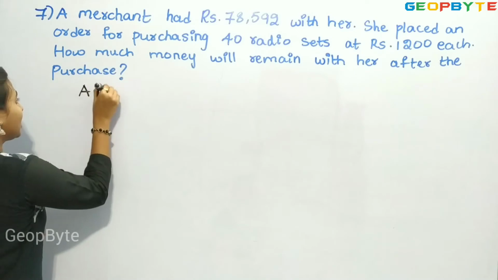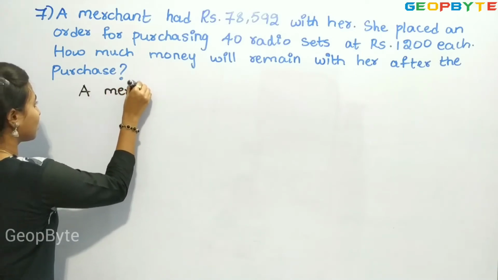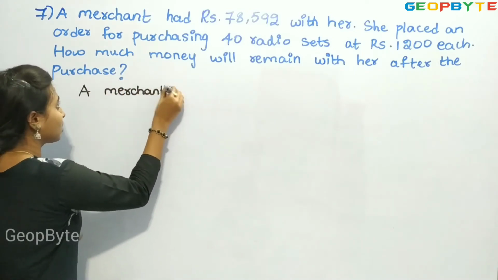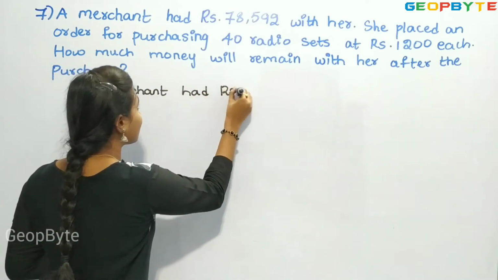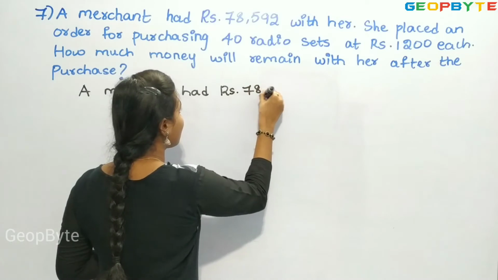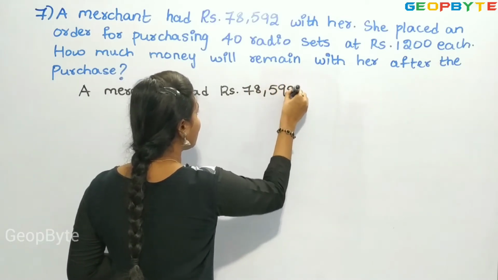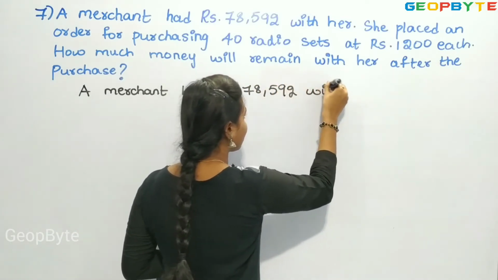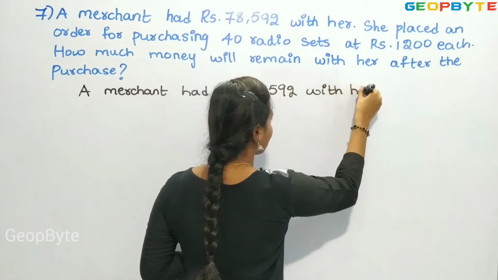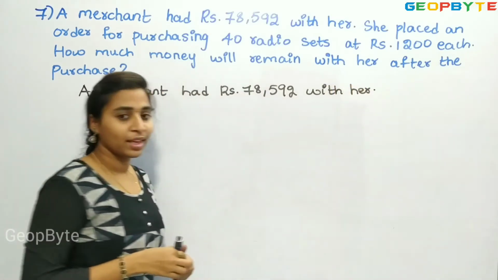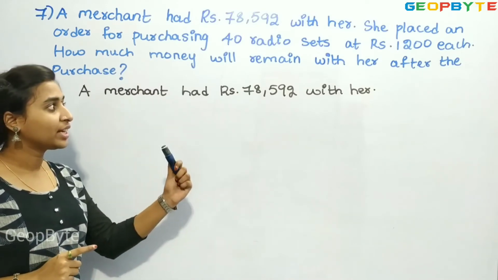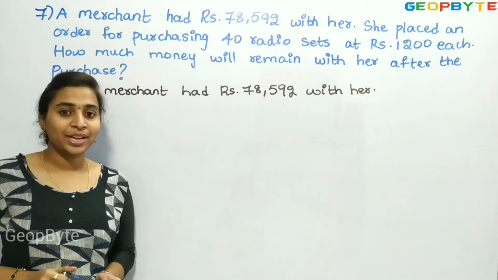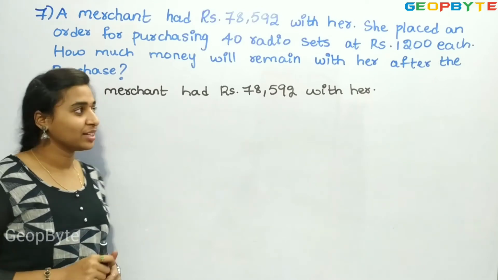A merchant had rupees 78,592 with her. So, she placed an order for purchasing 40 radio sets at rupees 1200 each.